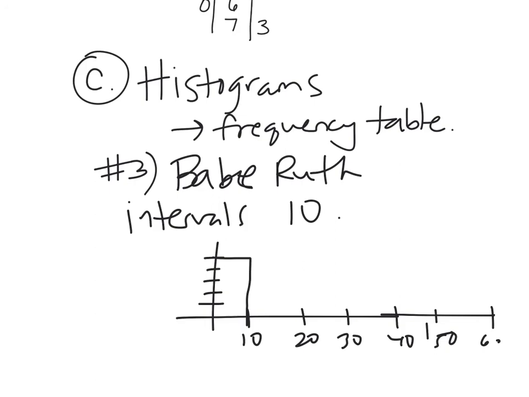It's telling you how many home runs he had from 0 to 10, 5, and then he only had one home run between 10 and 20. And then the next one was 3 home runs from 20 to 30. Okay? And then the next one, and so on.